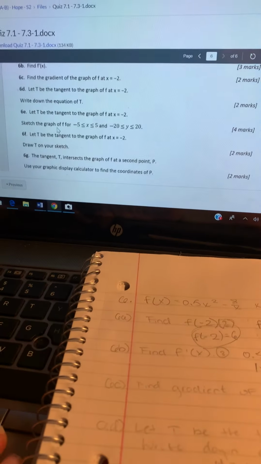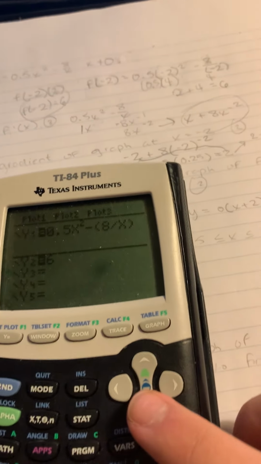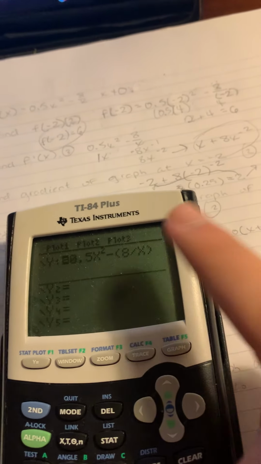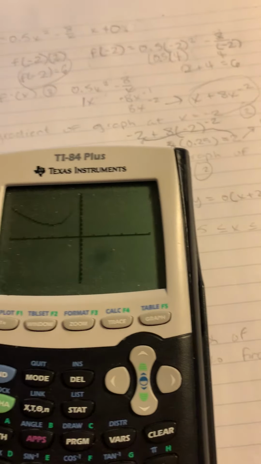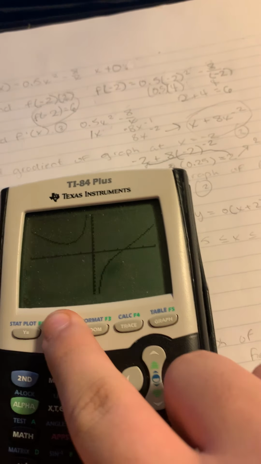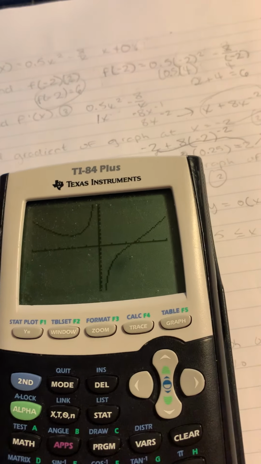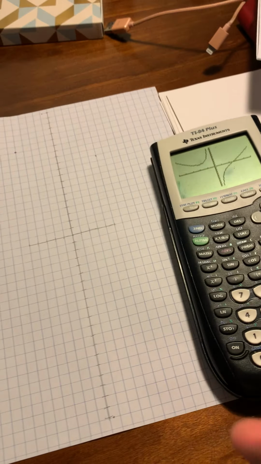So I am going to graph that to make it easier for myself. I am going to use my calculator. I'm going to place that in my calculator, and it is going to graph. I have the increments set up on my calculator at my windows right here, as you can see. So I'm simply just going to try and do the best I can of tracing this graph.